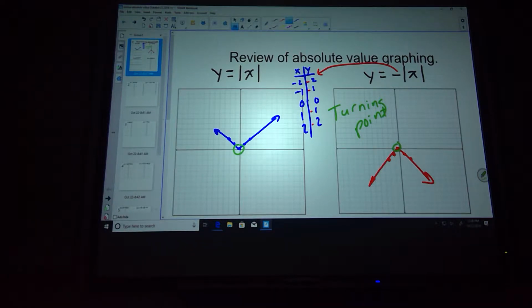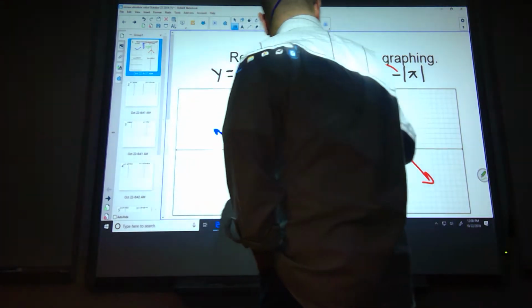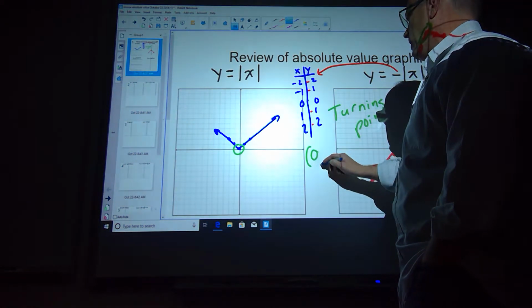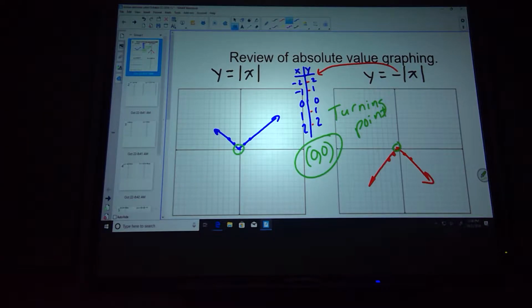Anything about that you're like, turning point, what does that mean? Good? Cool. So the turning point is what we want to focus on. Both of these have a turning point happening at 0, 0. Agree? A lot of times, if we can say where that turning point is going to move to, we can go about graphing this pretty quickly.